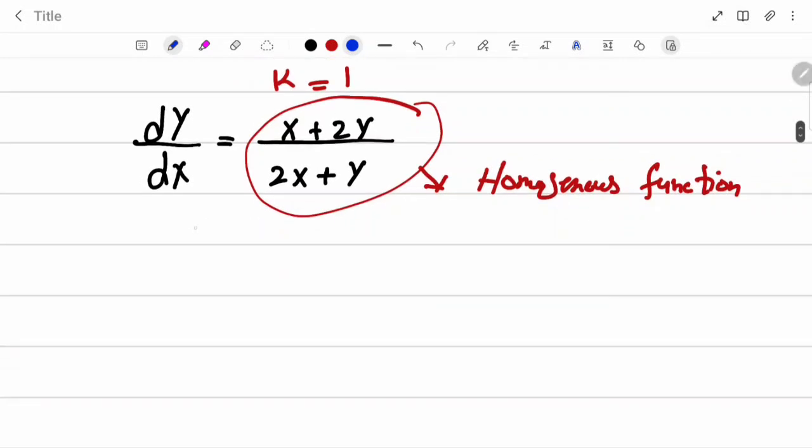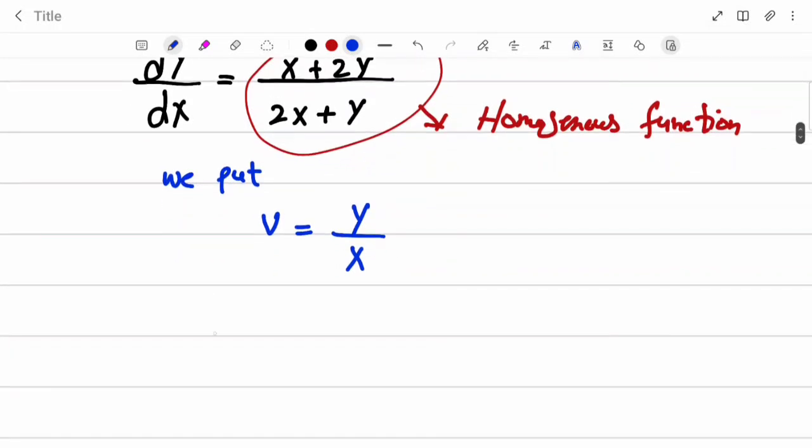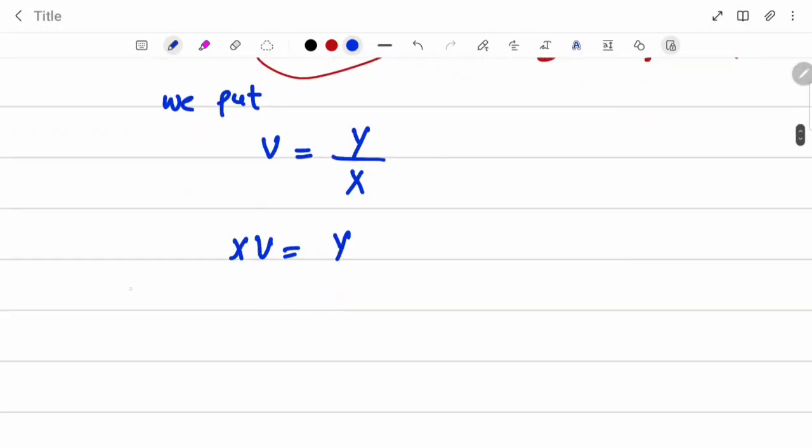So now we need to put v is equal to Y by X. Remember, we have to write capital Y and capital X, because now the variables are capital X and capital Y, not the smaller ones. So we have Xv equals Y. Now differentiate with respect to X. Remember, hope everybody knows, this is a product of two, so we need to apply the product rule of differentiation.